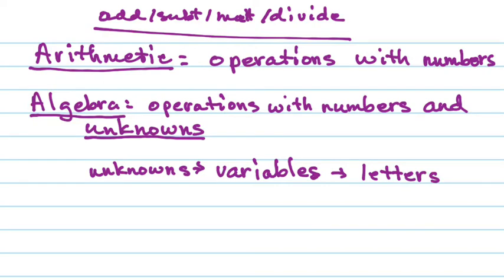Now, many, many times, as you're going to see today, we try to use letters that make sense to the problem that we're trying to solve. For example, if you're trying to find out how many dogs, then use D for your unknown or your variable. Right? If you're measuring carrots, then use C. Whatever you're measuring, you try to use the first letter or some letter that represents that idea.